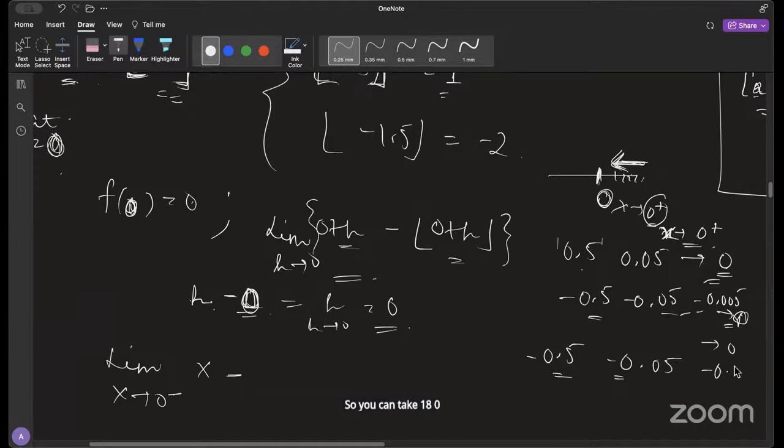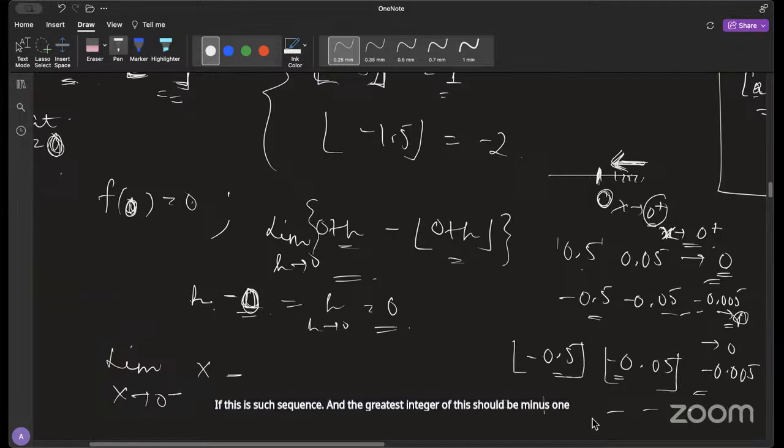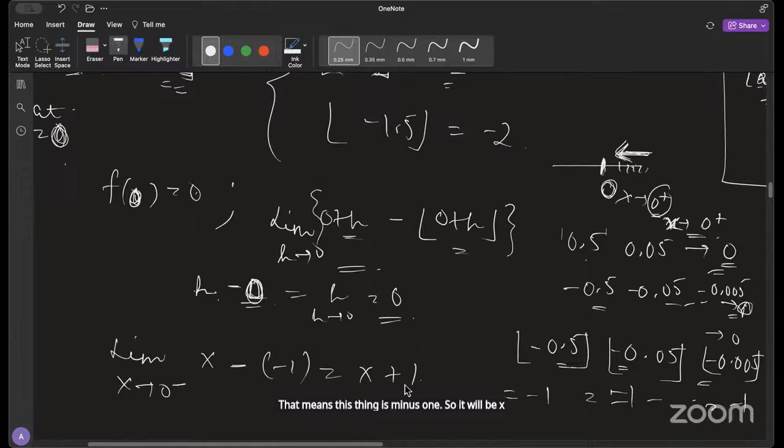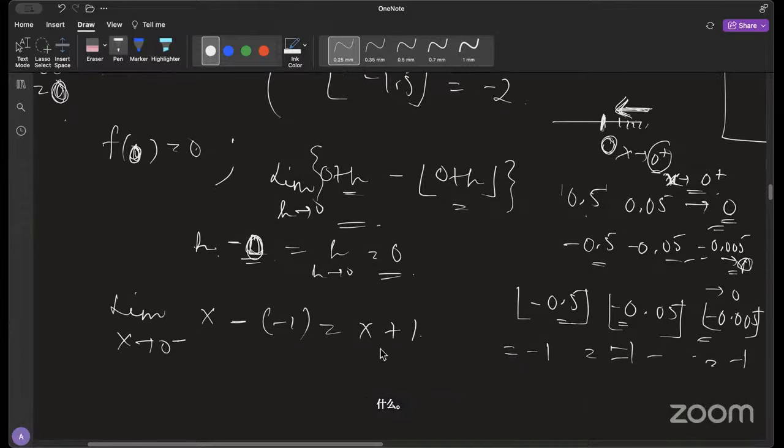If this is such a sequence, then the greatest integer of this should be minus 1. Greatest integer of this should be minus 1. Of this too, it should be minus 1. That means this thing is minus 1, so it will be x plus 1, right? And if your x goes to 0, if you put it here, you'll get 1.